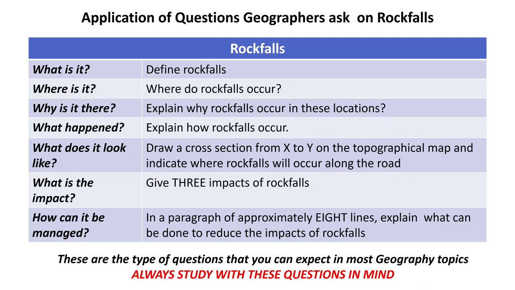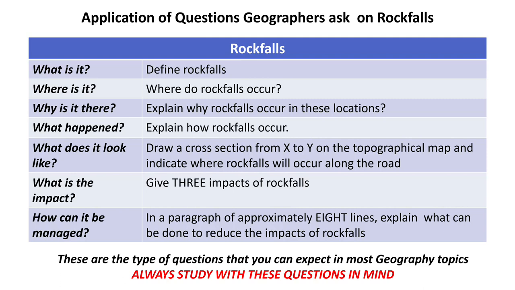What does it look like? So you could be asked in your Mapwork paper, draw a cross section from X to Y on the topographical map and indicate where rockfalls will occur along the road. That's a higher order question, is it not? You are expected to draw, but what is being tested is what does it look like.